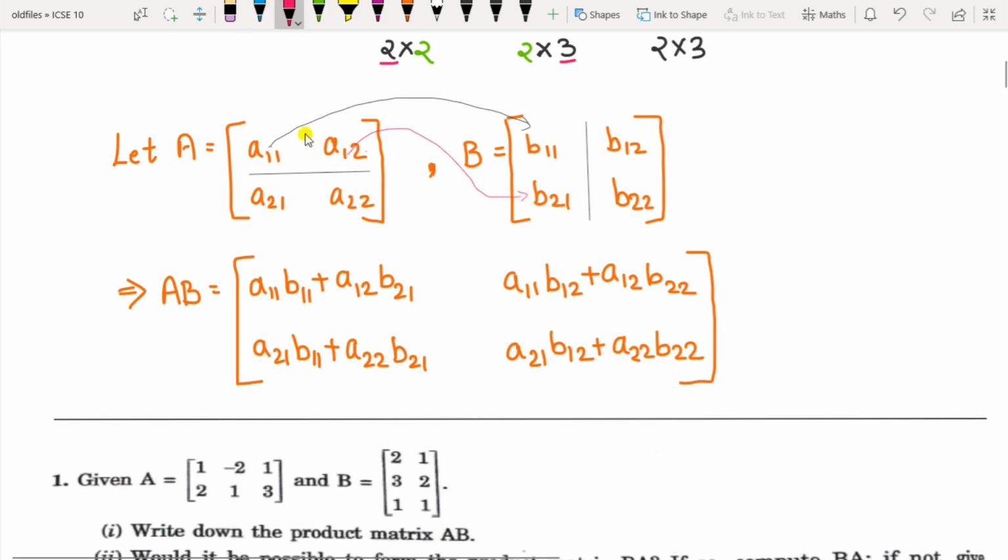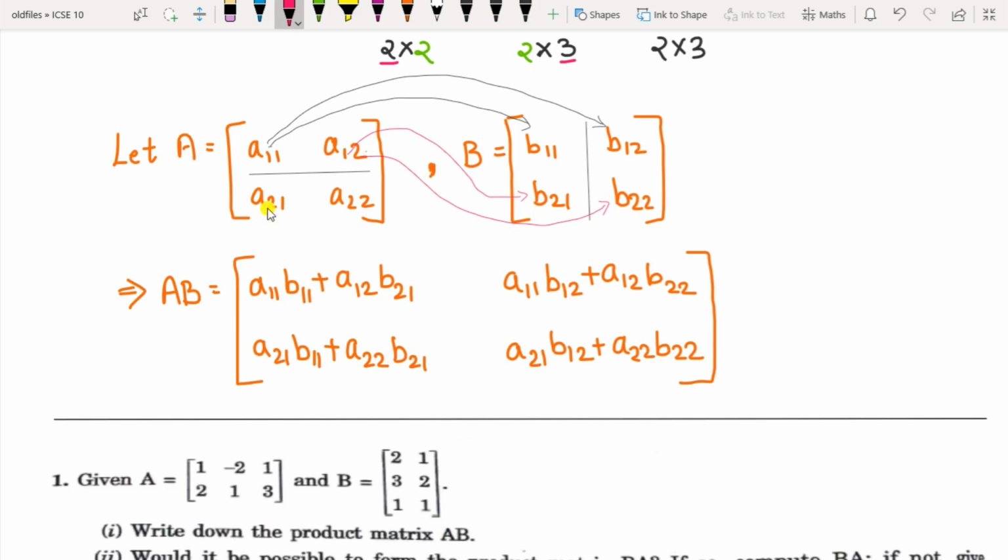The second part we also have to do: A11 should be multiplied with B12 and A12 should be multiplied with B22. So that will be your first row. Then for the second row you have to consider the next row in the first matrix.